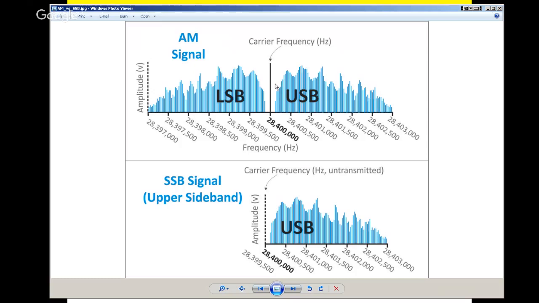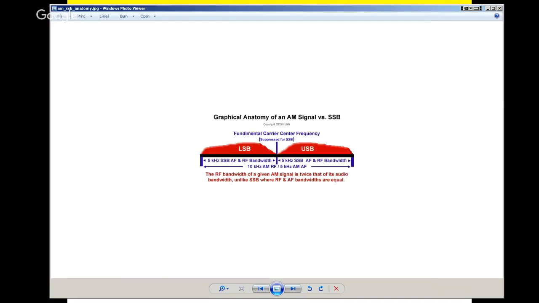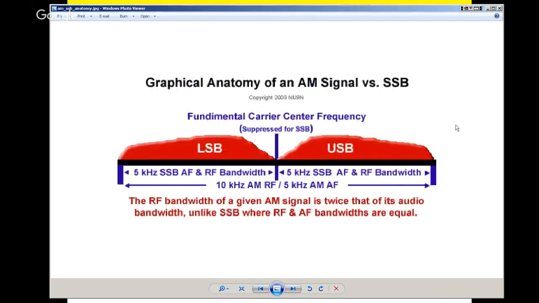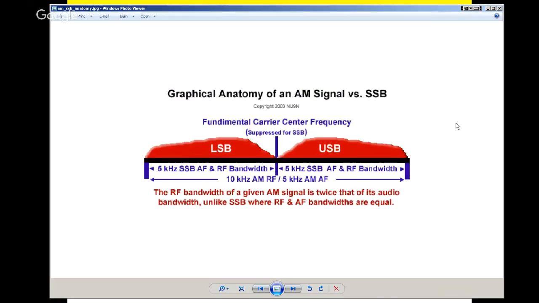When you key that microphone, you have an upper component and you have a lower component, and these are called sidebands. Let me bring up this other diagram that might give you a better idea of what a sideband is. You have your fundamental carrier center frequency, and there is a certain bandwidth assigned around that.